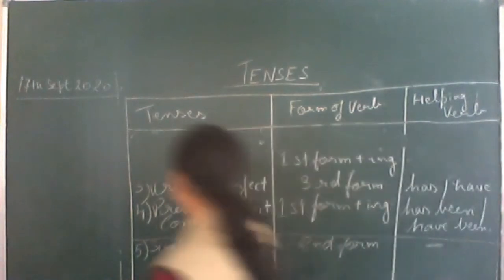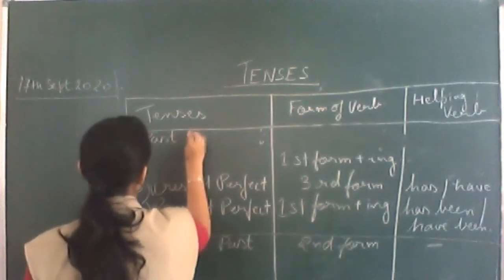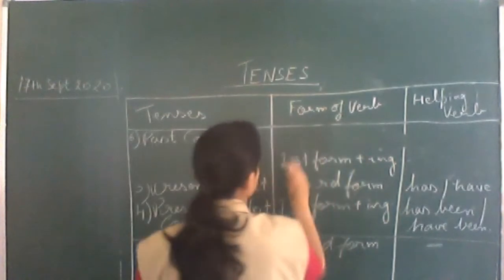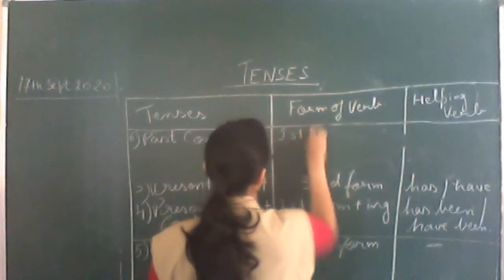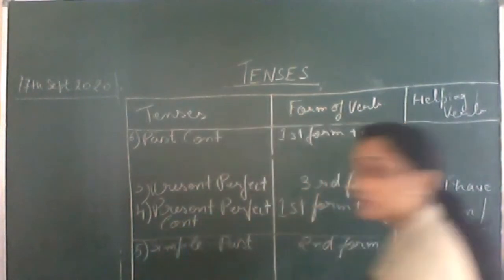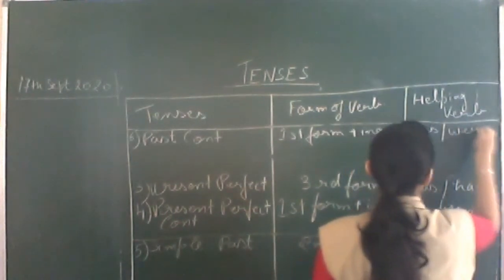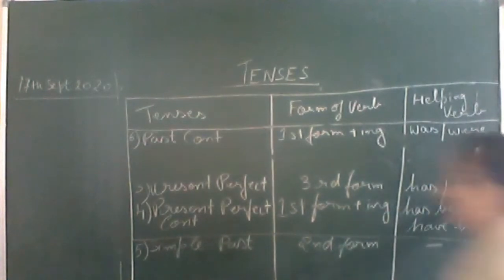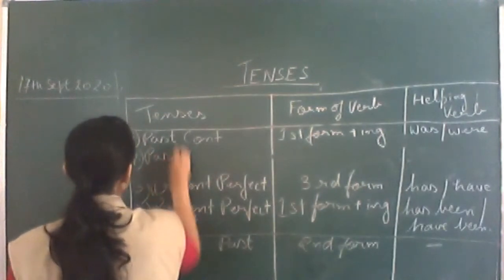Sixth one is past continuous. In past continuous, we use first form plus ing, and the helping verbs will be was and were. Was is for singular, were is for plural. Seventh one, past perfect.